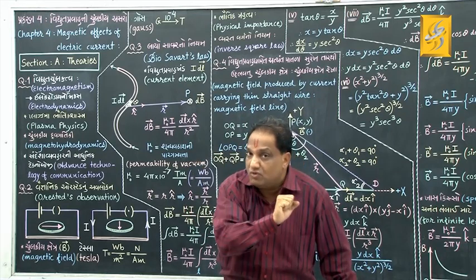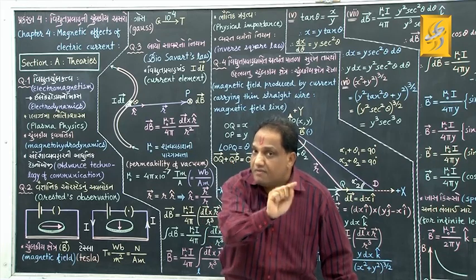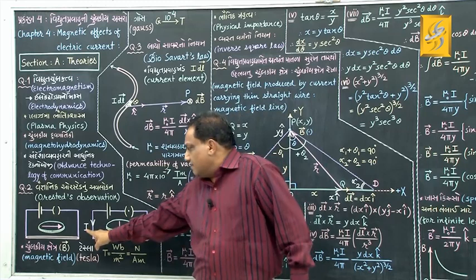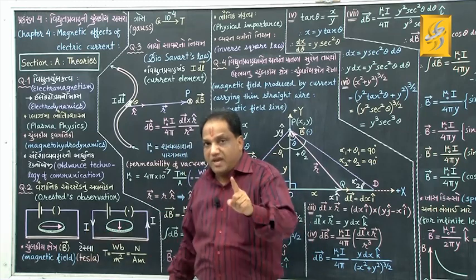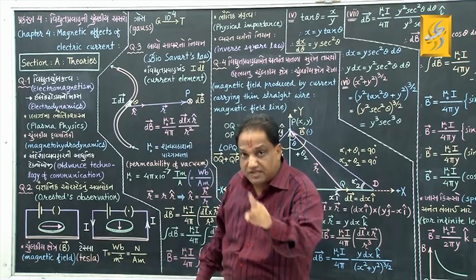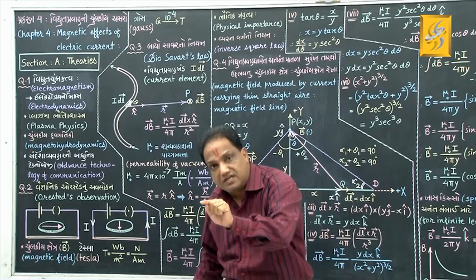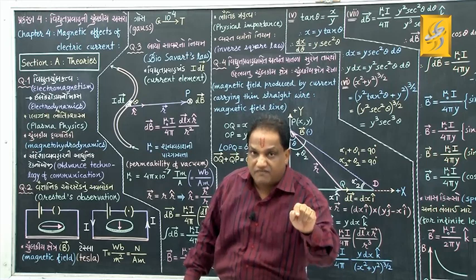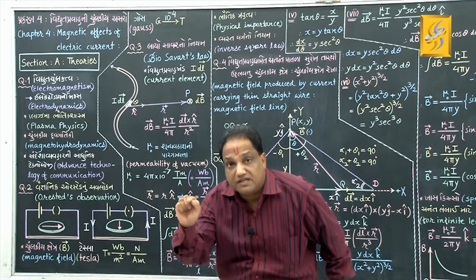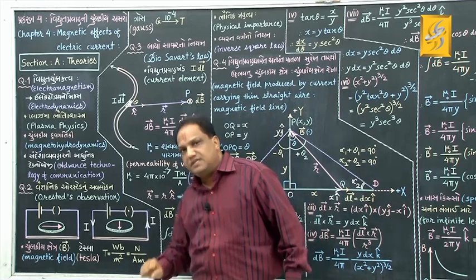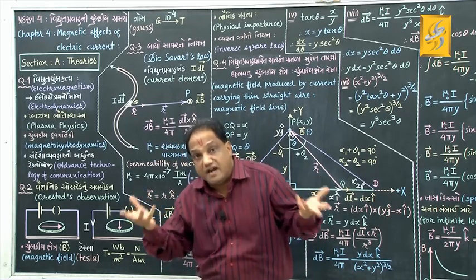So what is the name given to that field? Magnetic field. Fine. Then what is the source of that magnetic field? It is nothing but current. The way the source of the gravitational field is a mass, the way the source of the electrical field is a charge, similarly the source of the magnetic field is nothing but an electric current. Okay? Fine. So because the source is present, naturally that force field will arise.